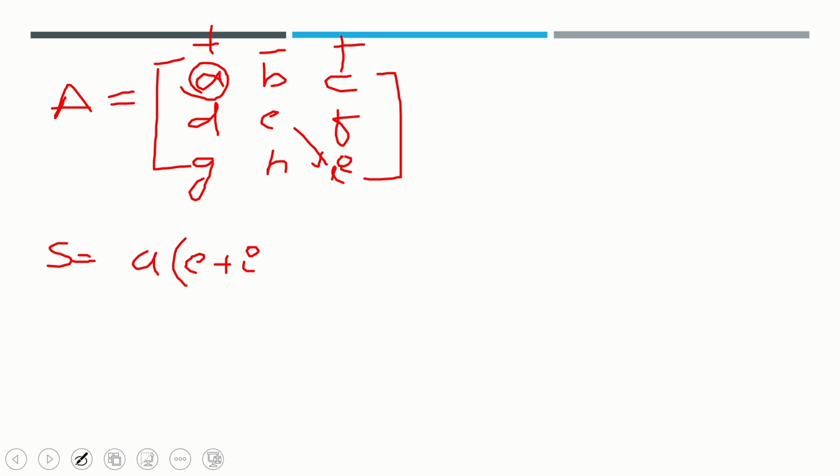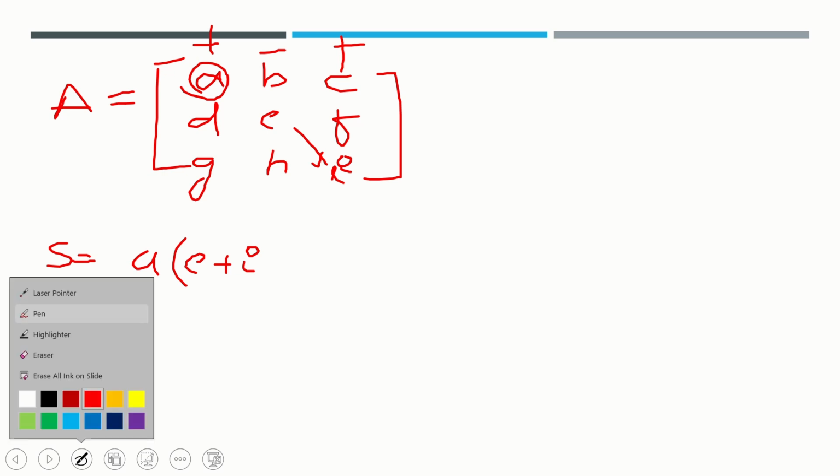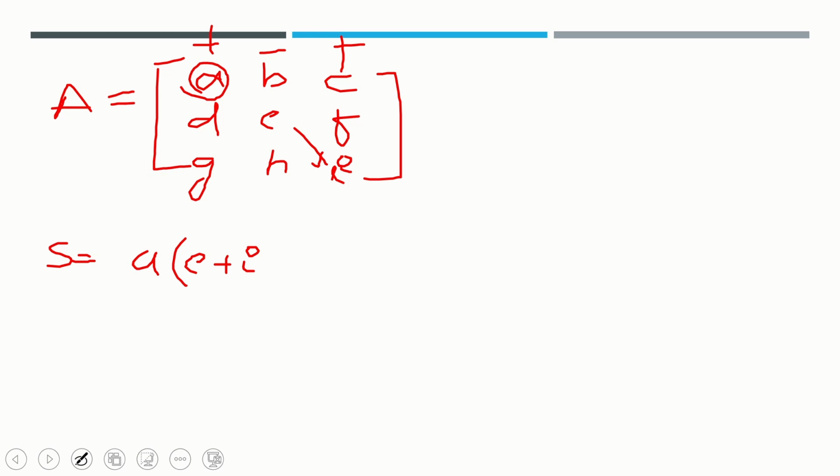Now you take the remaining two corner elements, lower left to upper right, and you subtract these two elements. That is E plus I minus H minus F.